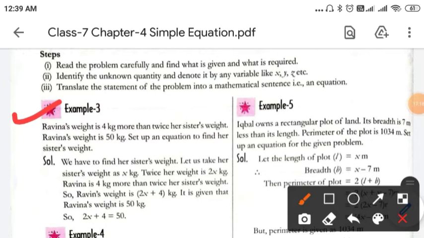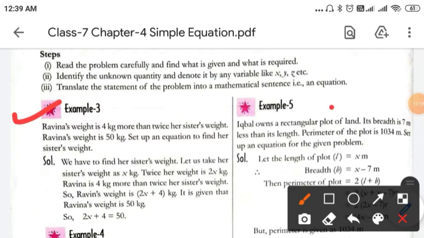We have to set up an equation so that we can find out the weight of Ravina's sister. So solve it according to the statement. So the very first statement is what? Ravina's weight is 4 kg more than twice her sister's weight.